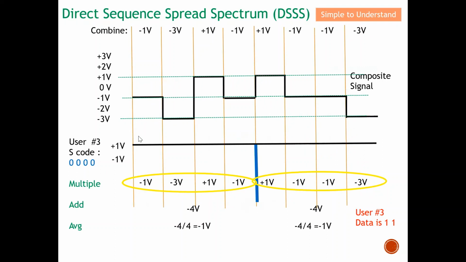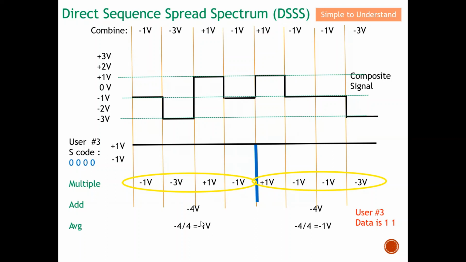User 3 is much easier because I purposely made the spread code all +1 volt, since the spread code is all 0. So this is -1, -3, +1 volt, and -1 volt here. Again, I add them together, which becomes 4, and these cancel each other, becoming -4 volt. I divide by 4, again because the spread code is 4-bit.